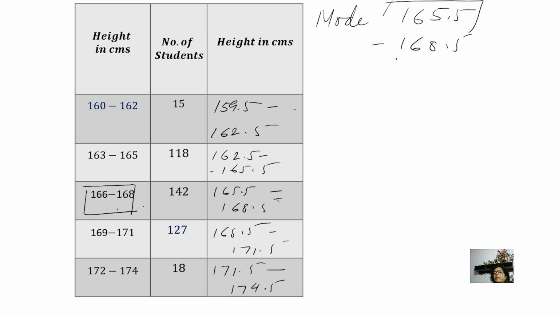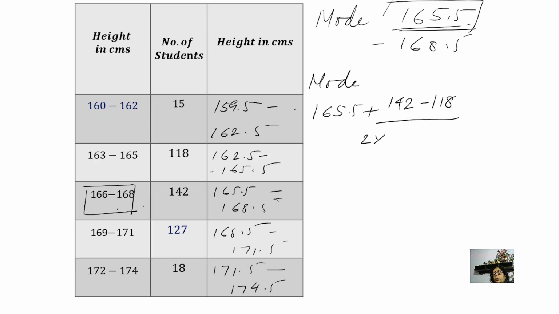So the lower limit of the modal class is 165.5. So the mode of the data will be L, that is 165.5 plus F1 minus F0, that is 142 minus 118 divided by 2 into 142 minus 118 minus 127 into the class interval, that is 3.